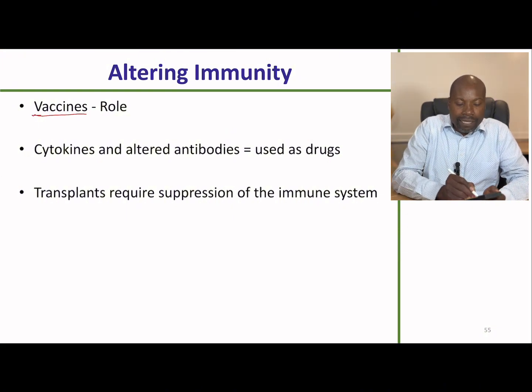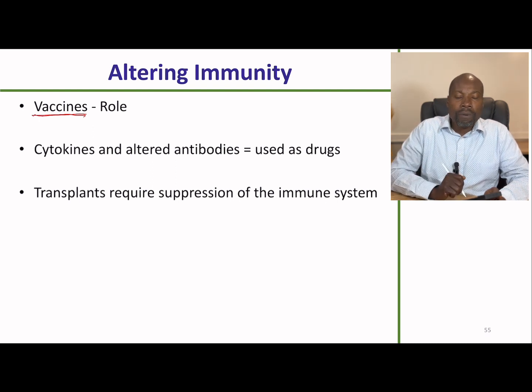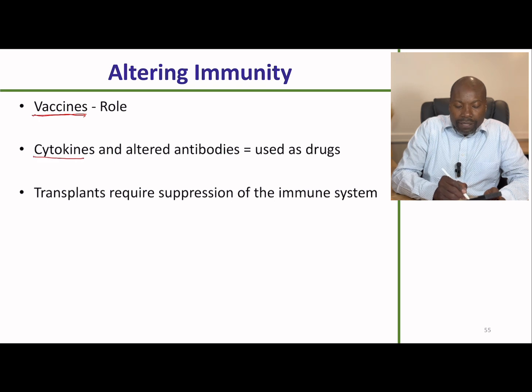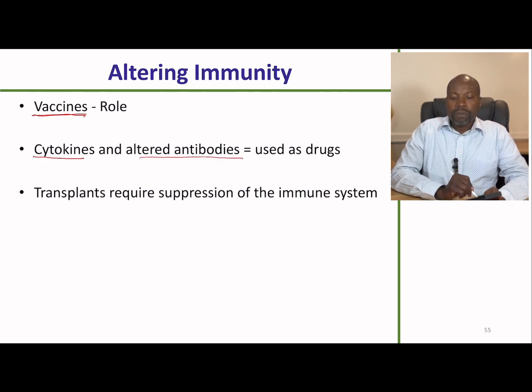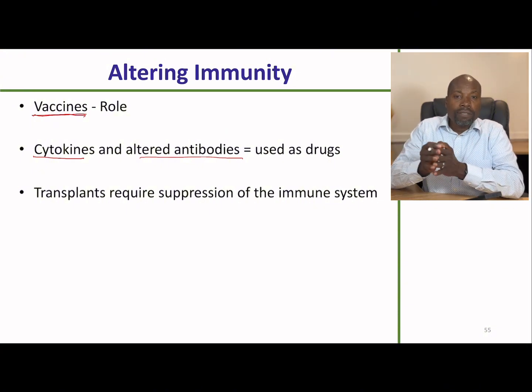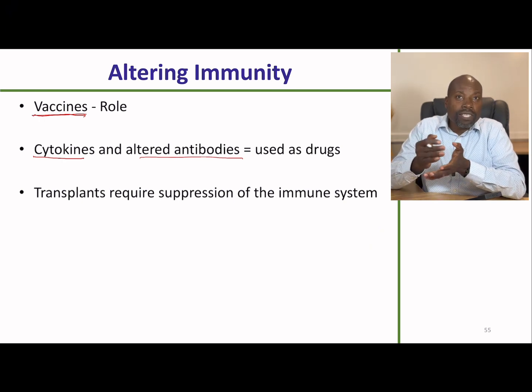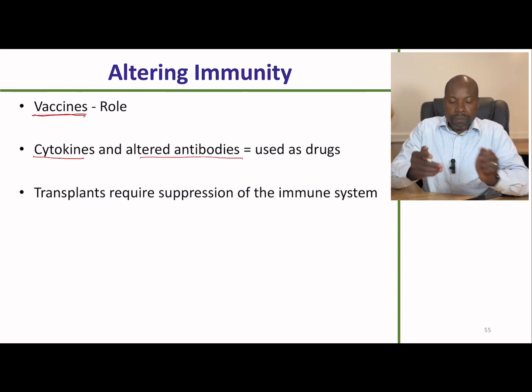So we have the vaccines that we use to alter our immunity. Also, we use cytokines and modified antibodies as drugs to fight off infections, including, for instance, the injection of antibodies to fight COVID-19, which we saw a lot.